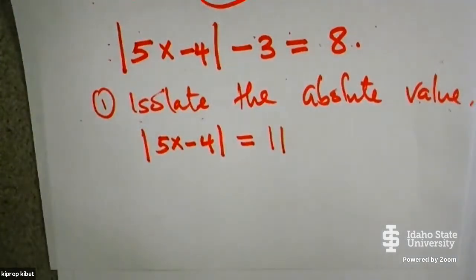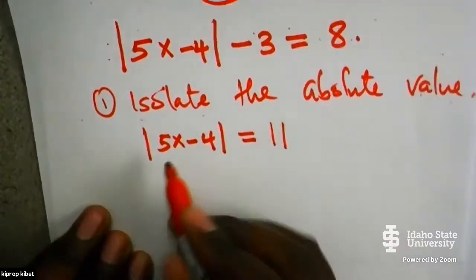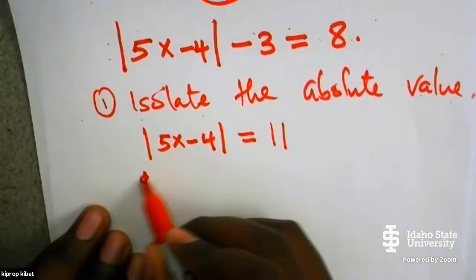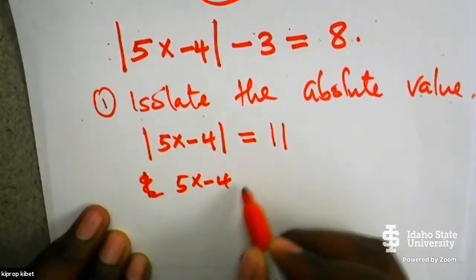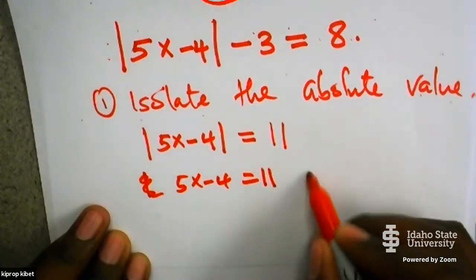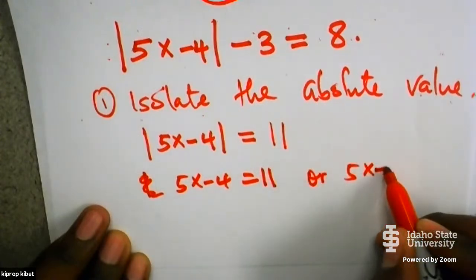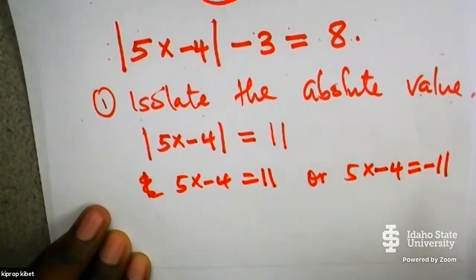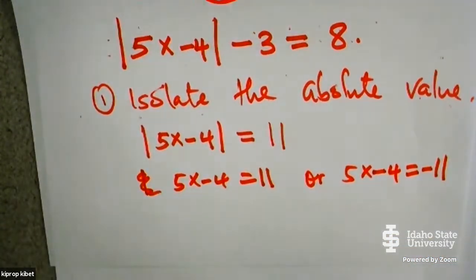Now, the absolute value can be equal to plus or minus 11, right? So we have two values here. So this absolute value is the same as 5x minus 4 equals 11, or 5x minus 4 equals minus 11.